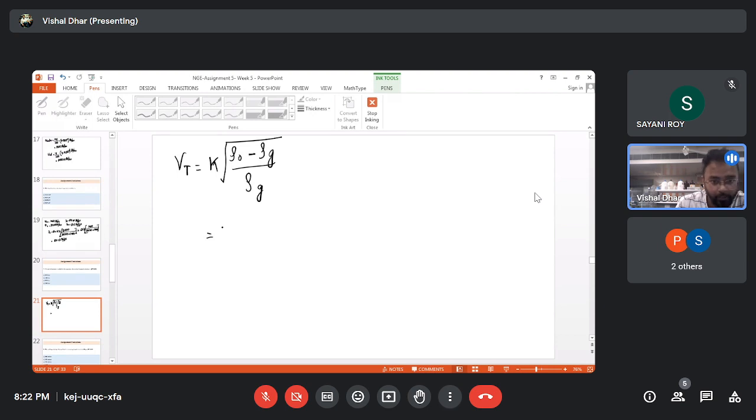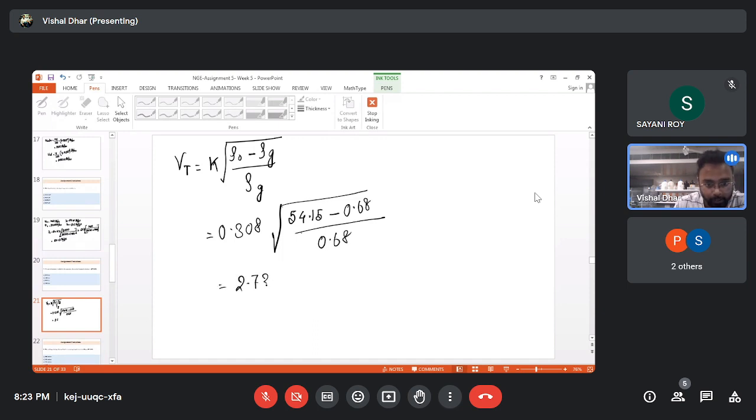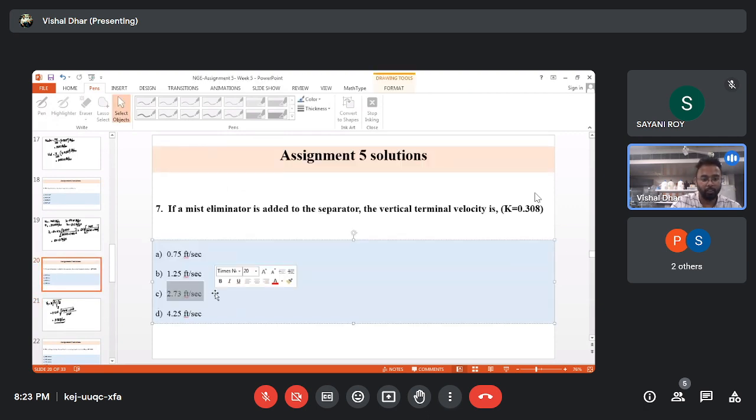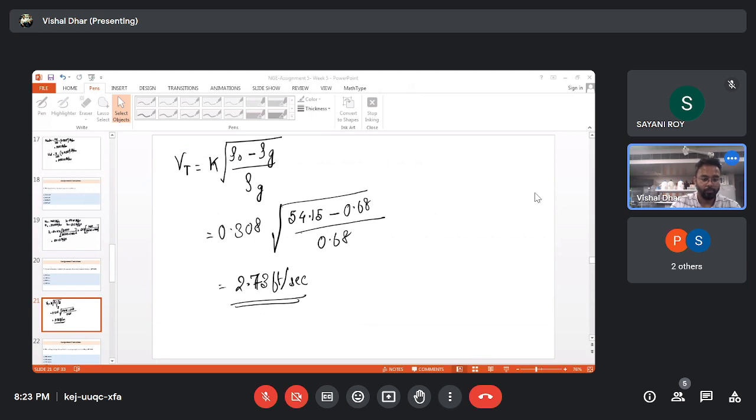So k is given as 0.308, then density of oil is 54.15 minus 0.68, density of gas is 0.68, equal to 2.73 feet per second. So this is the terminal velocity, 2.735 feet per second. The correct option is option C, 2.73 feet per second. Write it quickly, then we'll go to the next question.